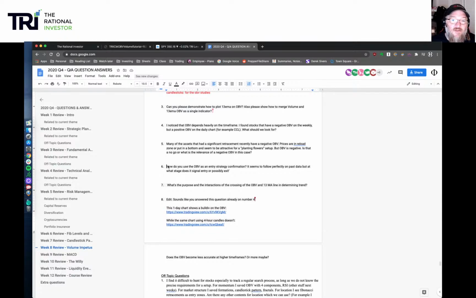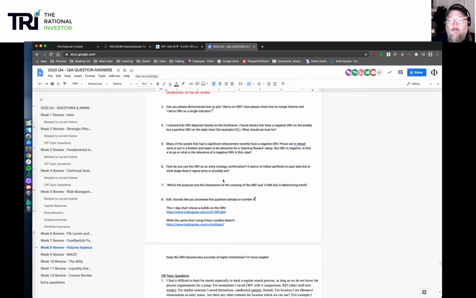How do you use the OBV as an entry strategy confirmation? It seems to follow perfectly on past data, but at what stage does it signal entry or possible exit? Well, that's not exactly how that works. Remember our order of operations. We look for location, then we look at momentum, and then we look at market structure to frame when we enter or exit our trade.